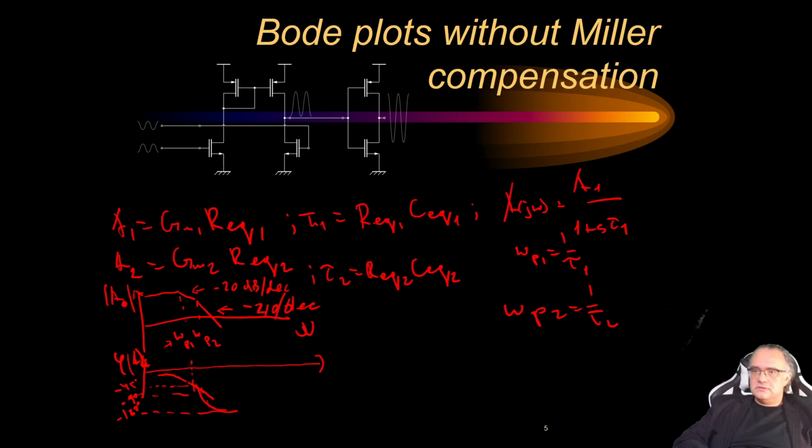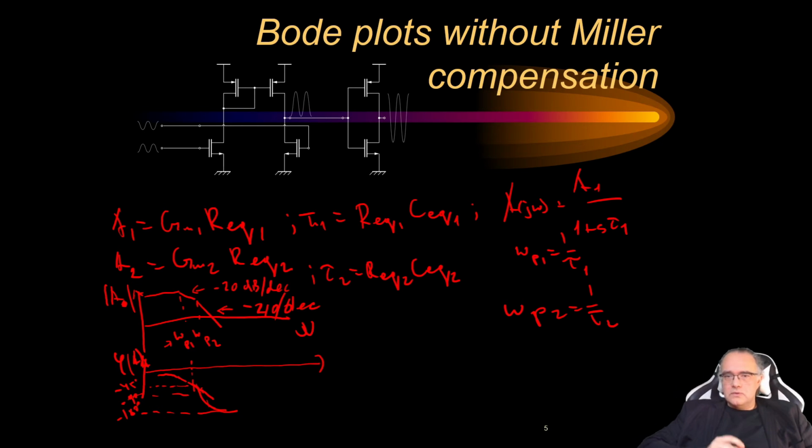This is a very dangerous situation, because then the transfer from input to output becomes almost inverted. 180 degrees phase rotation is almost inversion, which means that if we use this amplifier together with negative feedback, this negative feedback will become positive feedback with additional parasitic phase rotation, and then it will become an oscillator, an unstable system.